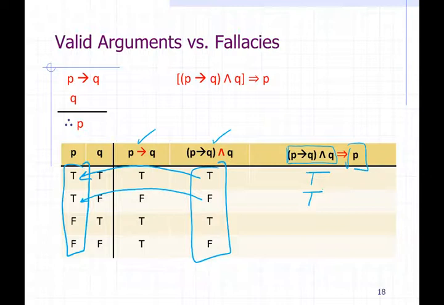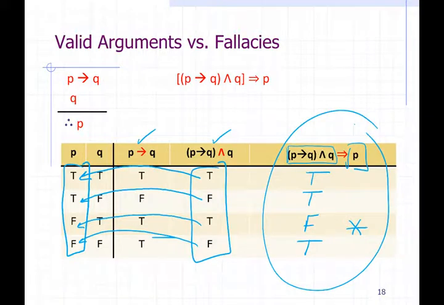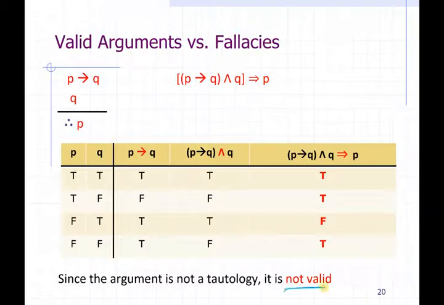Oh, but true implies false, that's false. And false implies false, that's true. But because we didn't get 4 truths, we've just shown that this argument is invalid. The only way an argument is valid is if the overall truth values are all true. In this case, one of them is false. So this argument is not valid.